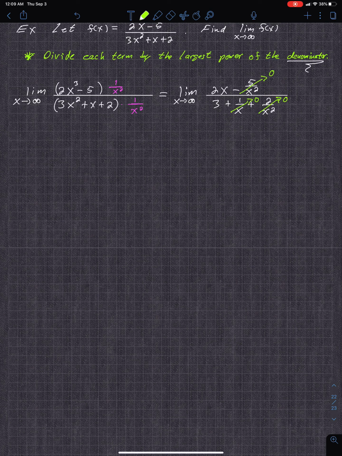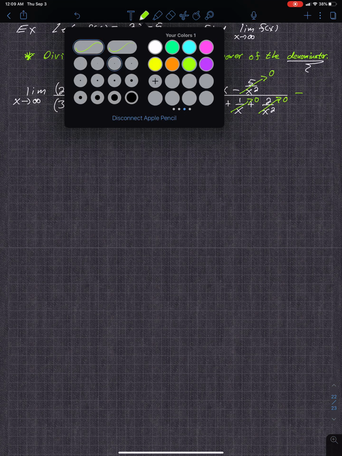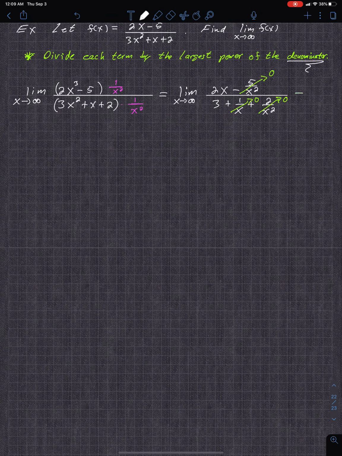So this is essentially equal to 2/3 times infinity, which is infinity. Okay, so that's equal to infinity. Right, so that limit approaches infinity. You can just say it like that.